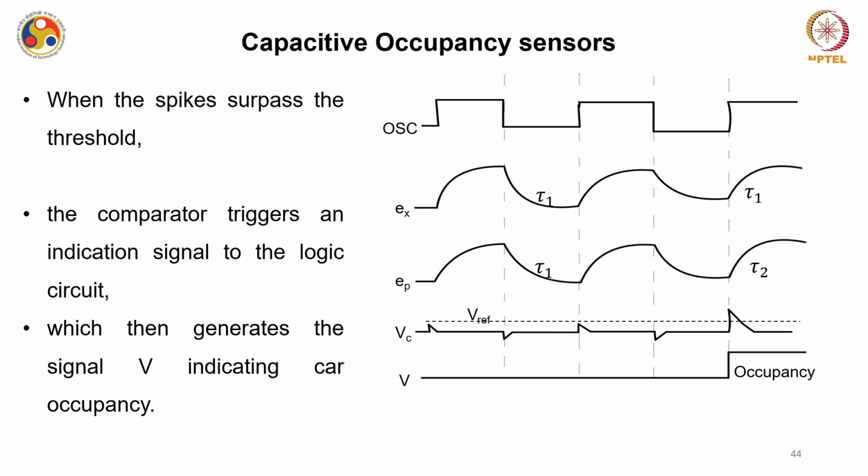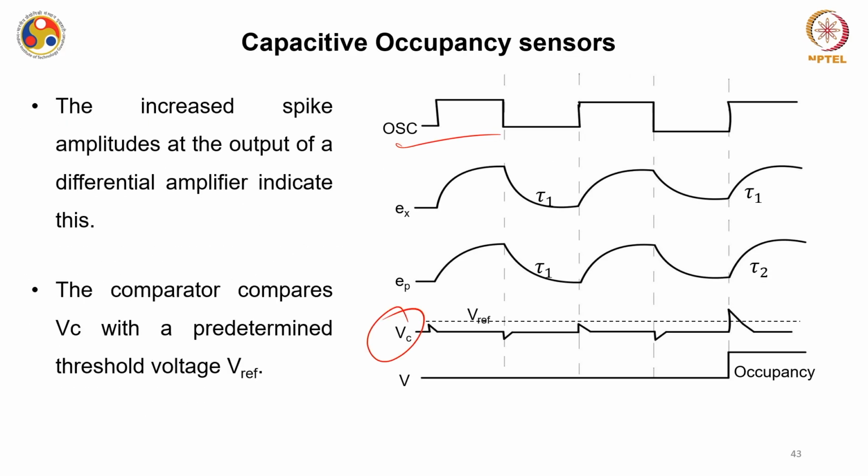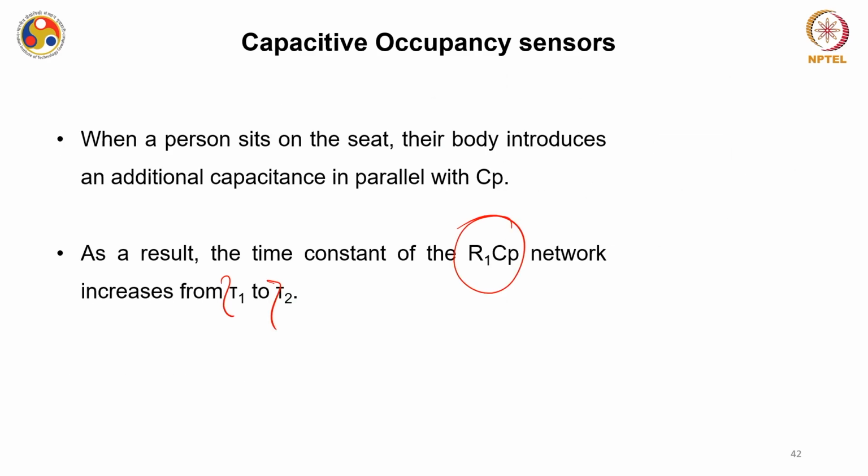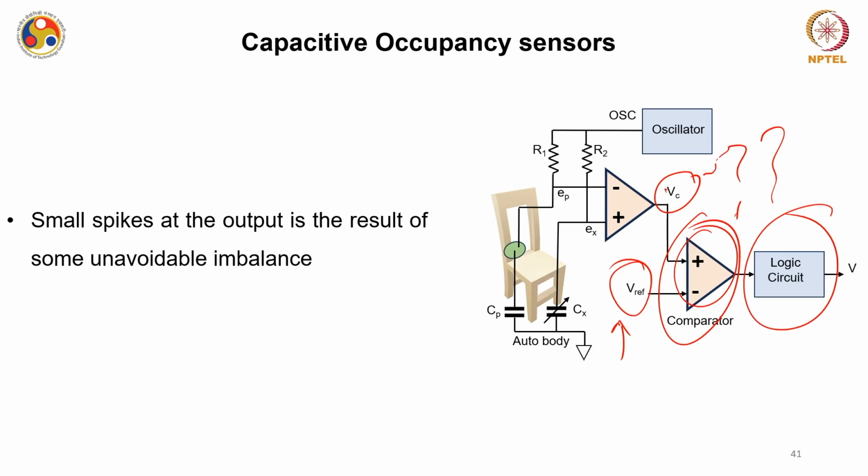This kind of sensor is just one example. Based on this, you can design a number of different capacitive occupancy sensors, but please note that the kind of device we have discussed is mostly for occupancy purposes, and mostly it doesn't have much to do with motion detection.